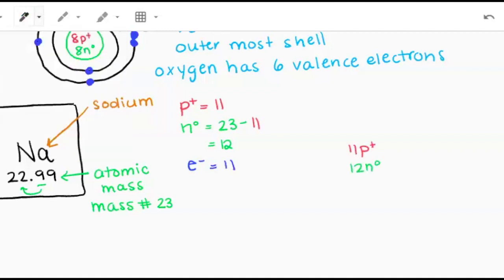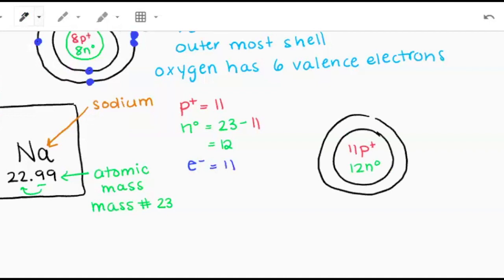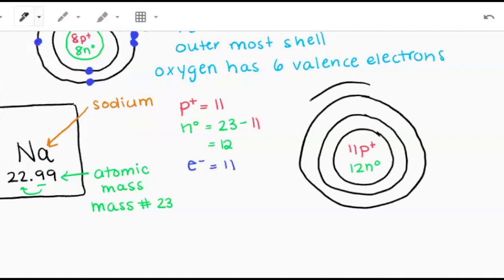And then around it, I will put the electrons. Now I just have to be sure not to put the electrons on the nucleus. It has to be on the next circle or the next orbit. We can also call it a shell. Those are all words you might see for it.